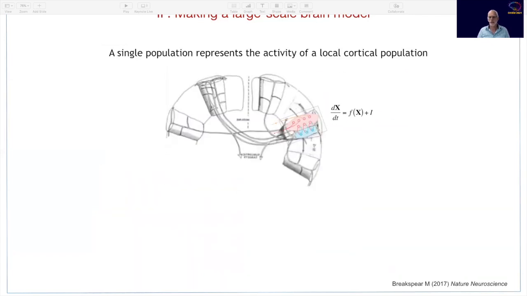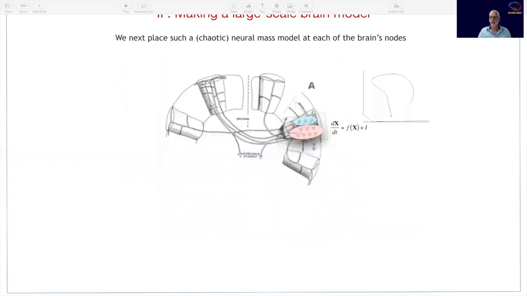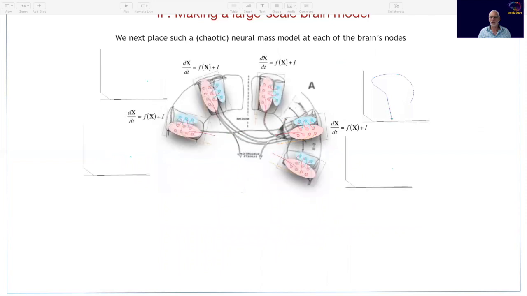Now we're going to pursue an approach like our weather forecasting colleagues. These are little patches of cortex or subcortical populations. We then connect them, but instead of interacting with their nearest neighbours, as with the weather, they're going to interact through long-range white matter connections. So here's two interacting. Here's a chaotic oscillator at one.